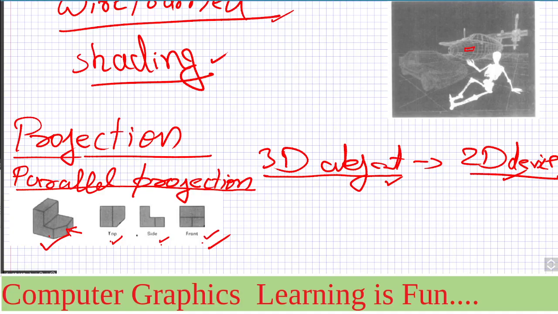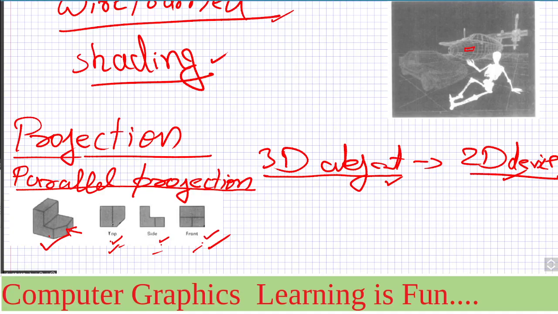So it may look like it is not giving that much realistic information. However, you can understand that it is giving us information about how it will look if we see it from one particular direction. So this kind of parallel projection is also useful.